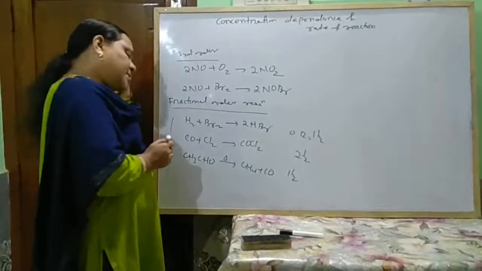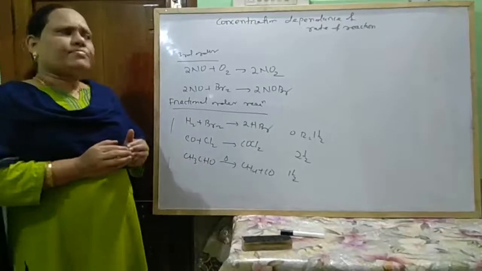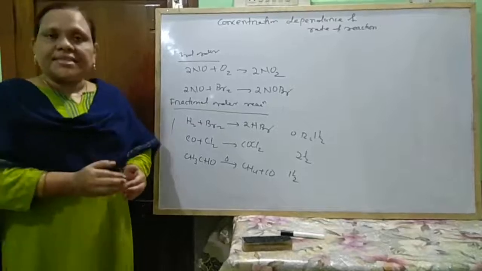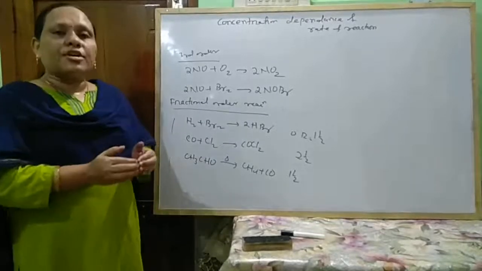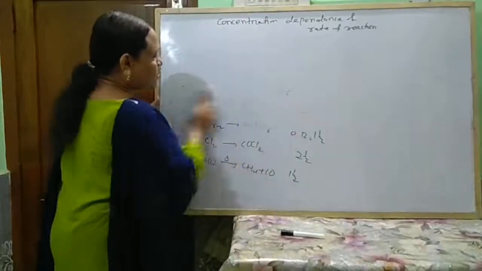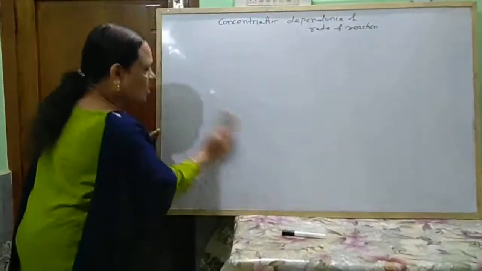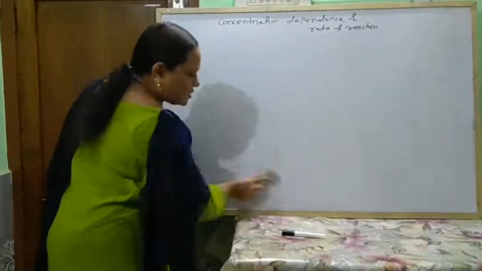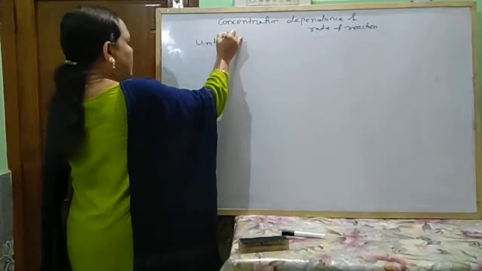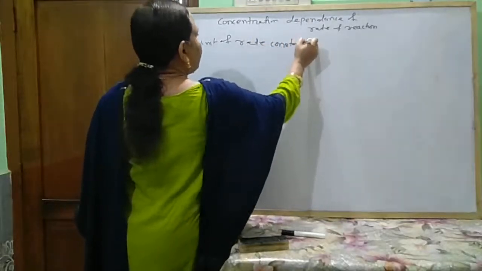Next, we have discussed that the unit of rate constant depends on order of reaction. So then what is the unit of rate constant? We are going to discuss here. Unit of rate constant.